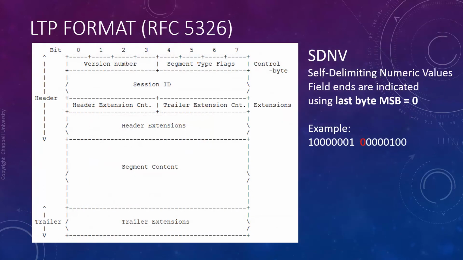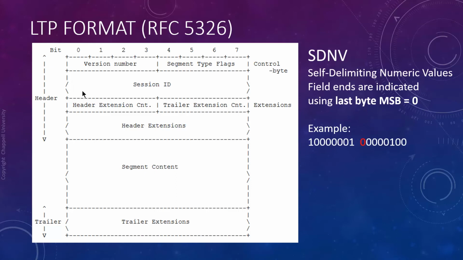Here's the structure of the LTP header from RFC 5326, and it uses something that you might not be familiar with called SDNV, or self-delimiting numeric values. This is the idea that a field can be a variable length field, but we don't want to have a length field in front of it.